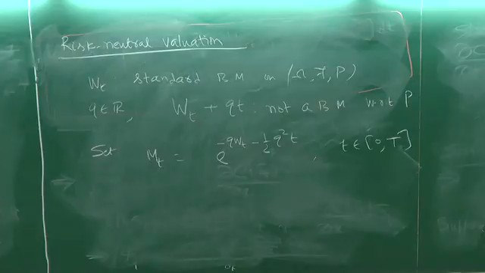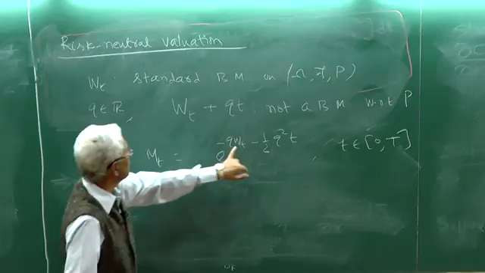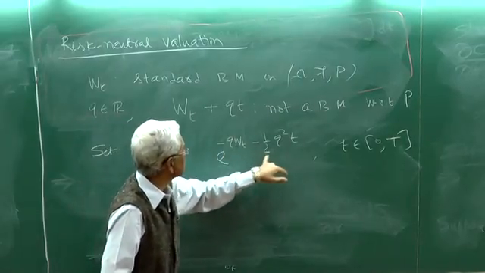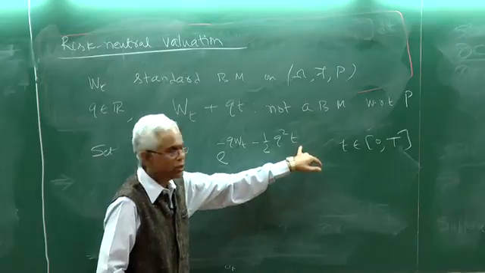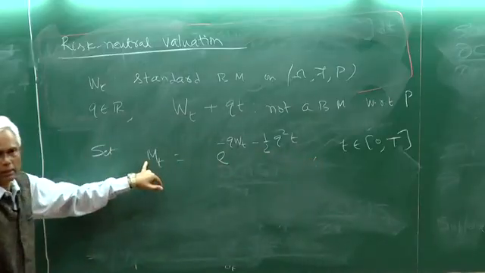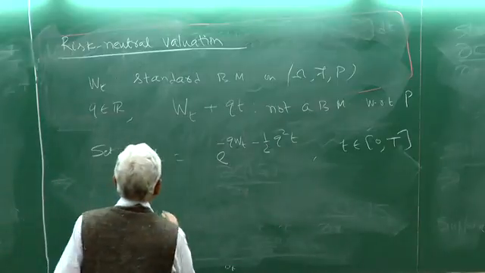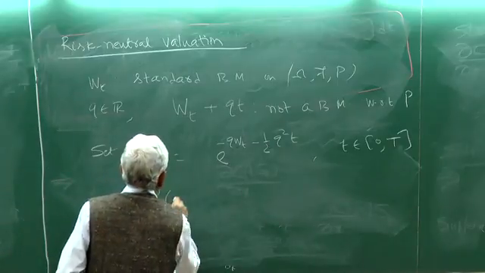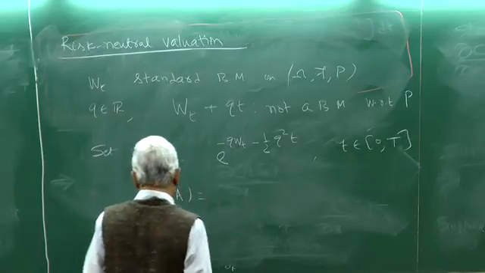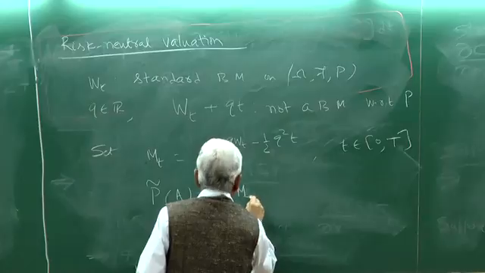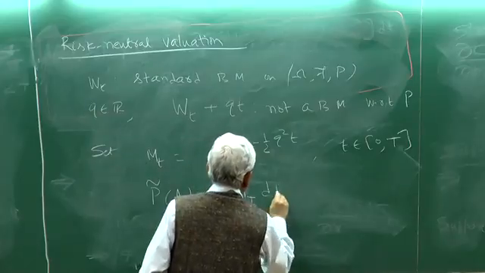Exponential martingale you have seen, right? It is one because I have just subtracted the quadratic variation. So you can prove that M_t is a martingale. Using this, you can define a probability measure P tilde(A) equal to the integral over A of M_T dP.